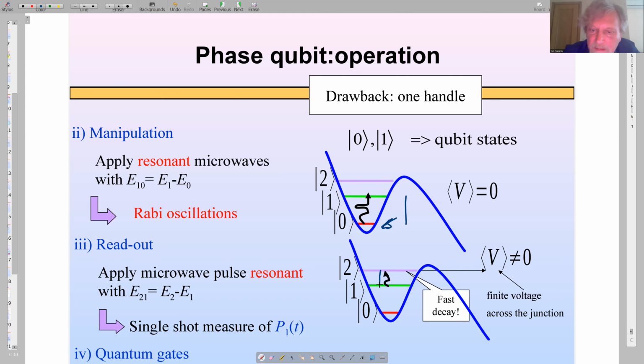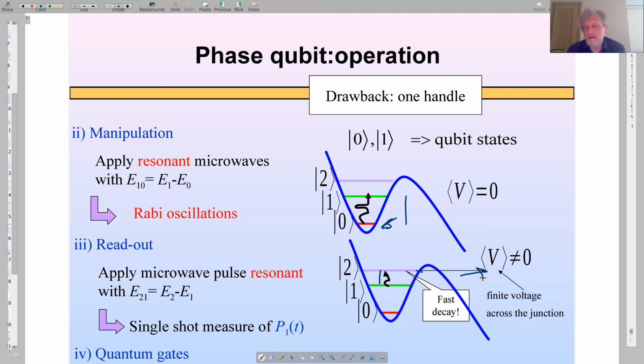The second level is very close to the edge of the potential. That's why tunneling from the second level to that side is reasonably quick, much faster than the tunneling from 0 and 1.